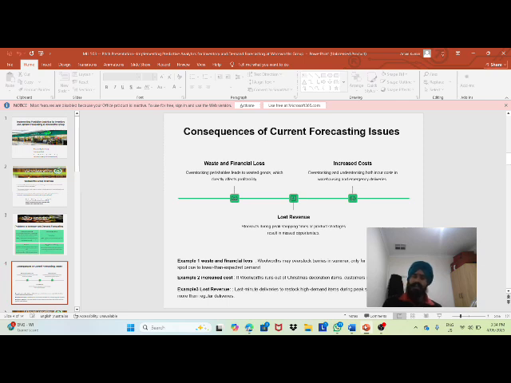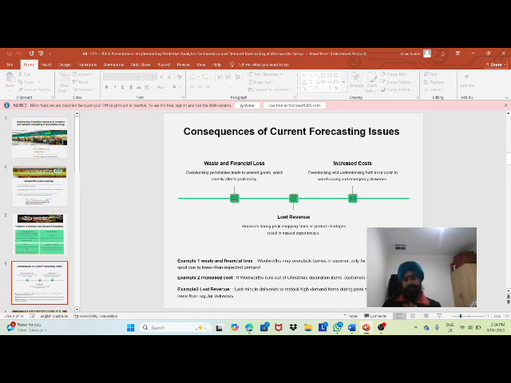Overstocking also increases the costs incurred in warehousing and emergency deliveries. When we push more supply to meet the demand of customers, it costs a lot more compared to other time periods. It also means lost revenue.